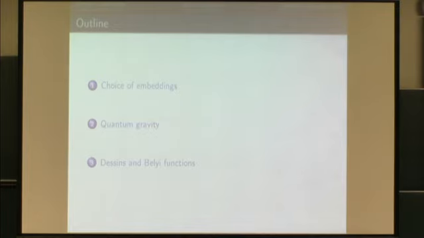And the third part will not be as such about probability. It will be about a tool which is known as Bailey functions or Bailey maps, and which are a way to describe conformal maps in a very explicit and very computable manner. So to make somehow the Riemann mapping theorem a little bit more explicit and a little bit more tractable.